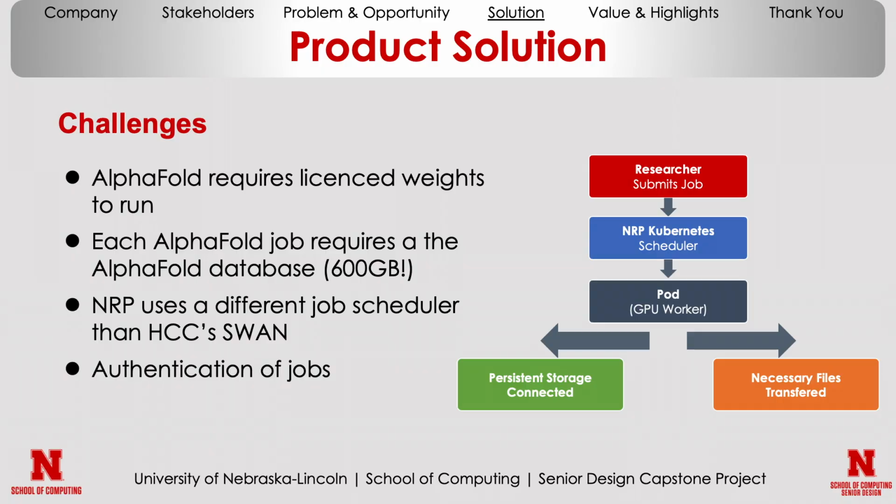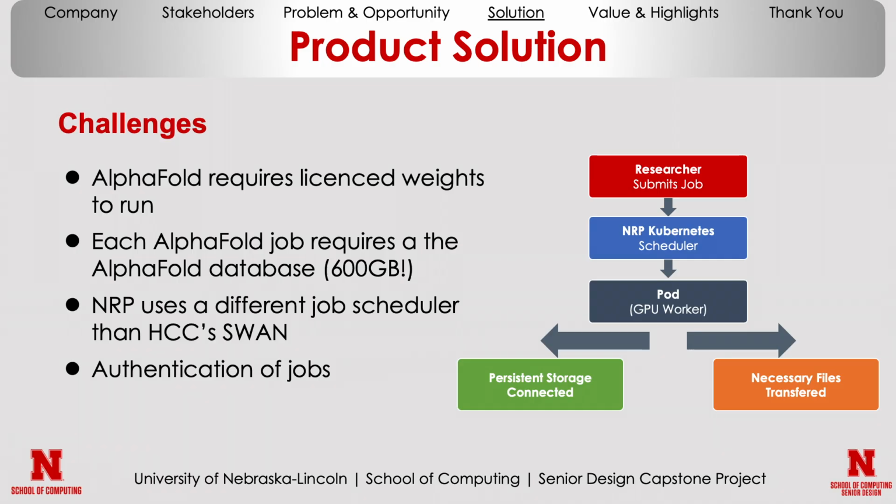And our main challenges with this project is that AlphaFold requires licensed weights to run. That also we would need to transfer from our local computer to NRP so that our app can actually run. And each AlphaFold job also requires access to a database, which is around 600 gigabytes, which is not feasible to transfer every time.